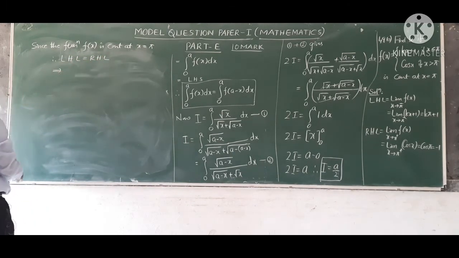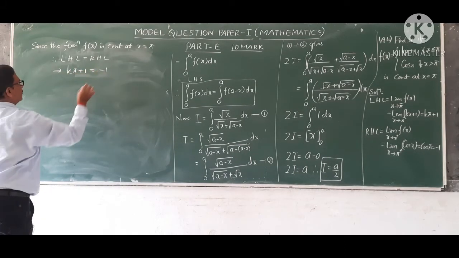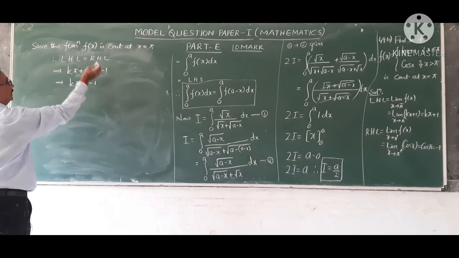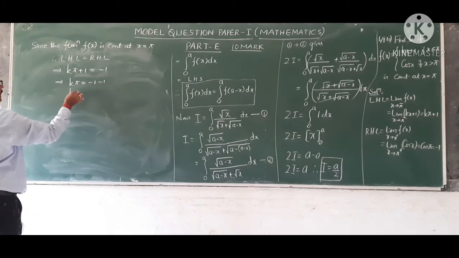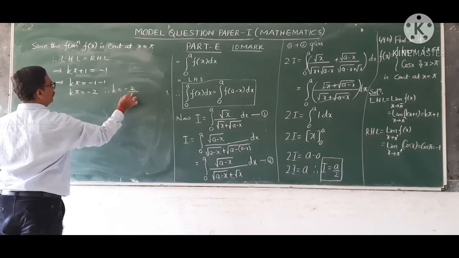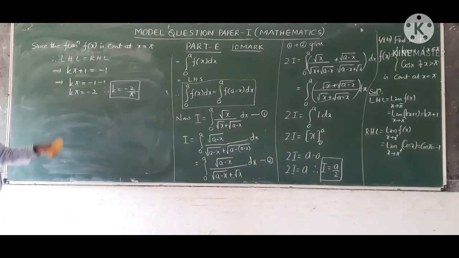You know the value of LHL, k pi plus 1, and RHL is minus 1. This implies k pi plus 1 is equal to minus 1. Transferring the 1, k pi is equal to minus 2, therefore k is equal to minus 2 divided by pi. So the value of k is minus 2 by pi, that is 4 marks.